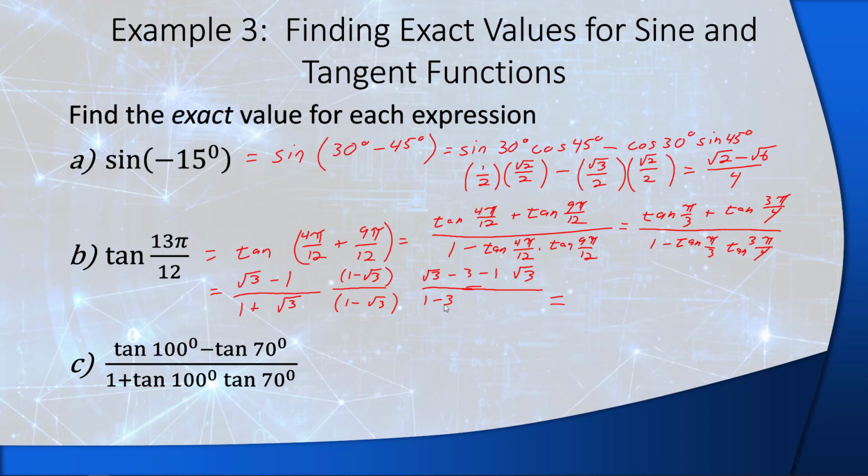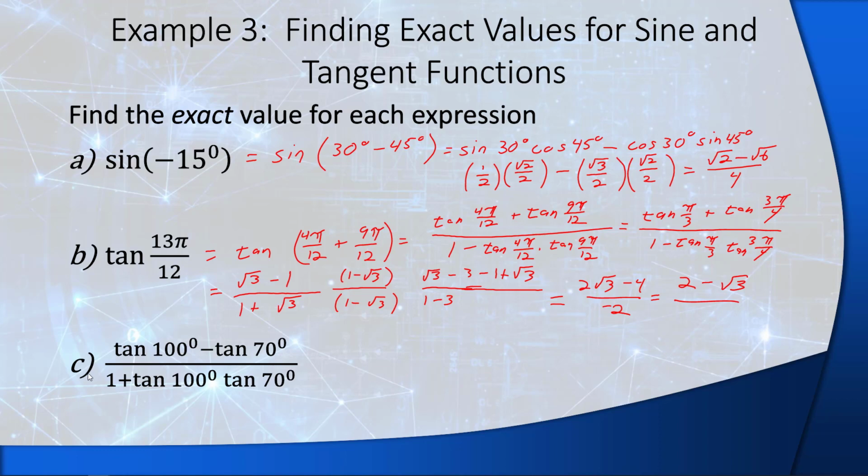Simplifying, we will have, well, there should be a plus there. Root 3 plus root 3, that's 2 root 3, minus 4, all over negative 2. And we have a common factor of negative 2 here, so we can get rid of that. And then that will give us 2 minus the square root of 3. And there you go. That will be our answer.